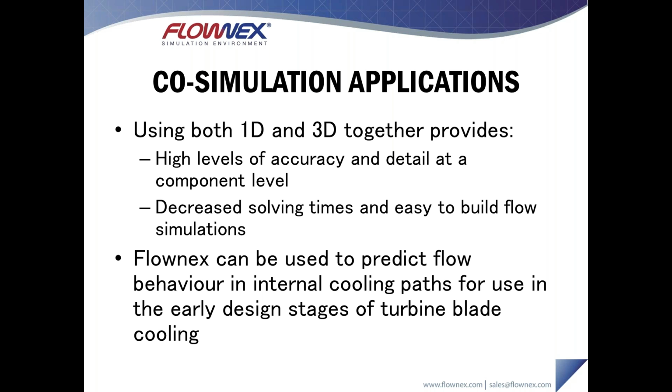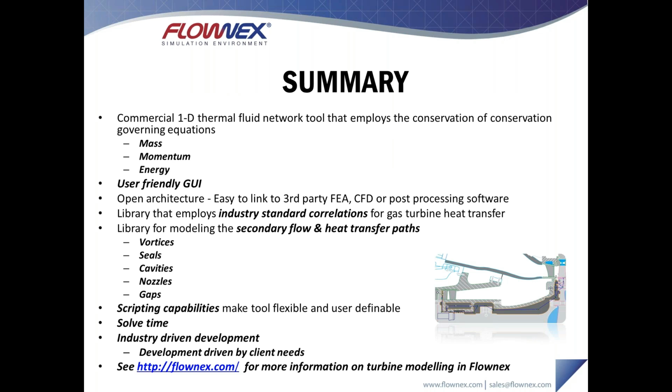So we can capture that flow particularly well and then transfer that information to our 3D simulation. So we can have the decreased solving time of the 1D code with the accuracy of the 3D code. As I mentioned, we can also then look at modeling the three-dimensional flow on the outside using something like CFX for a complete model of the blade in its entirety.